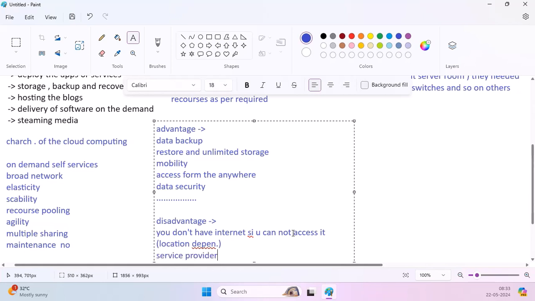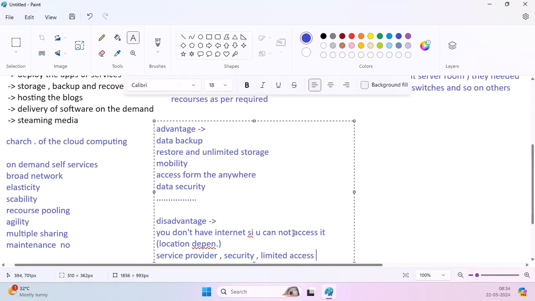And then service provider security could be another disadvantage, because the security is not your own company's security, and that could lead to issues that might affect your company's security. So those are some disadvantages of using the cloud instead of on-prem.